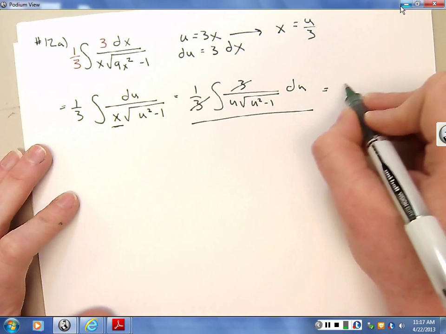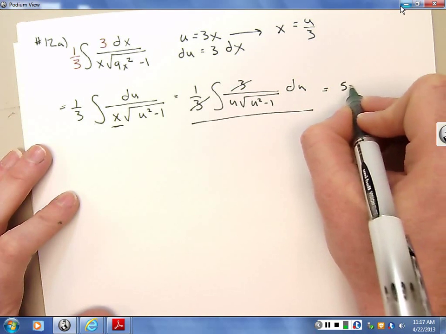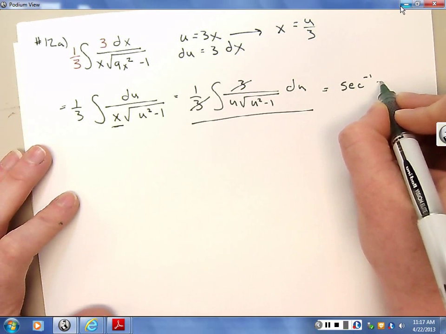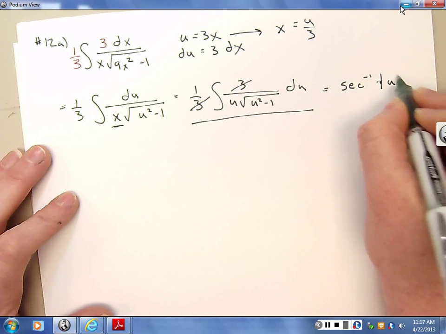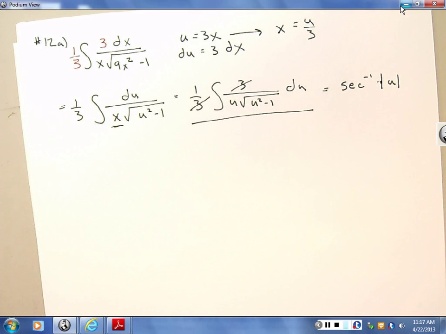So it's secant inverse of u, right? Secant inverse, is it absolute value? I believe it's absolute value of u. These are listed. No, wait, sorry. Yeah, it's absolute value. So we lost the 1/3.